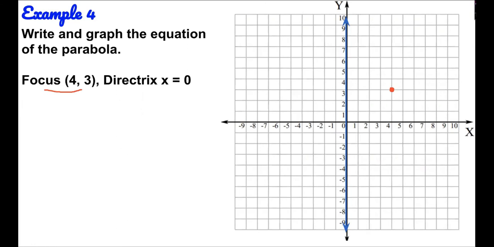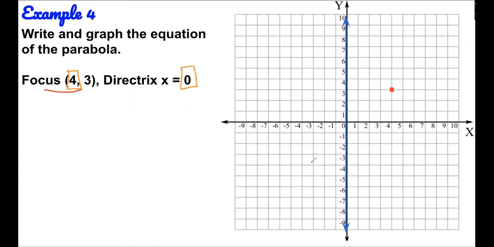Okay, so let's write this down. Let's find our p. Our p is going to be the difference in our x values. So this time, instead of using our y values, we're going to use our x values. Why? Because we're going to have a horizontal parabola. How do we know that? We're given the directrix, x equals a number.